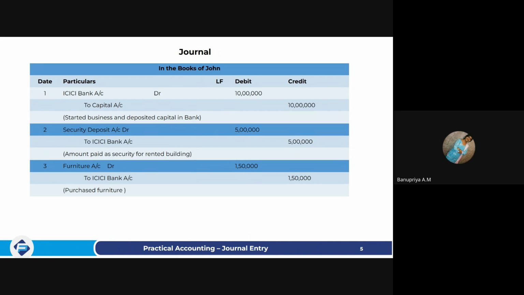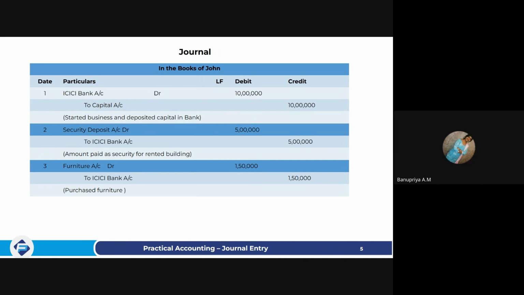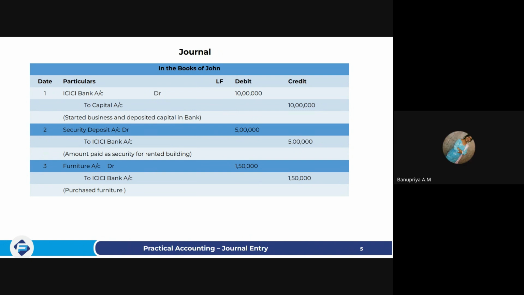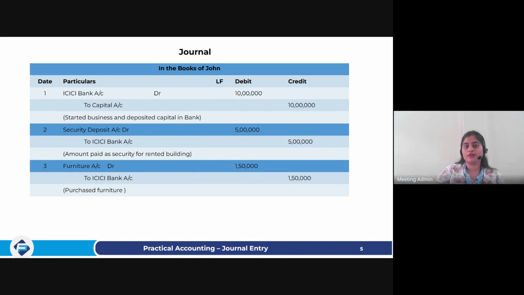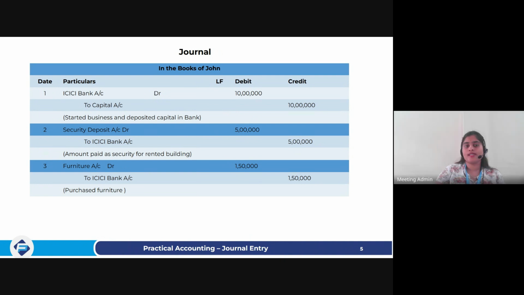What is the DR? What does it mean? Debit. Debtor. I don't know the basics of accounting also. That is what I taught you yesterday, right? The meaning of debit as well as credit. No, that I know, but this DR I didn't know. Yes, DR is nothing but debit. ICICI bank account debited to capital account.